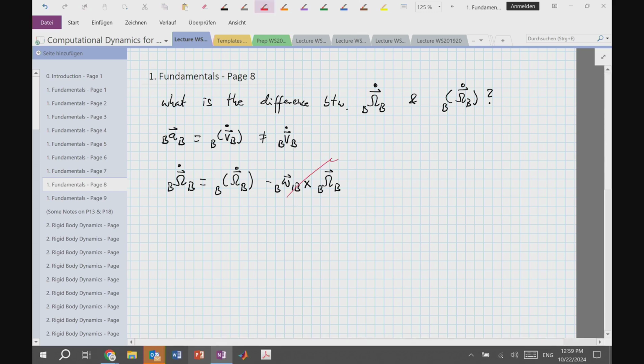Those two vectors are the same, and when we do the cross product, this is 0. I mean, they're the same, which means they're parallel. And this is 0. And we get that the numerical derivative of my angular velocity is equal to the coordinates of the physical derivative. And this is an exception that's important, that only holds for this vector.